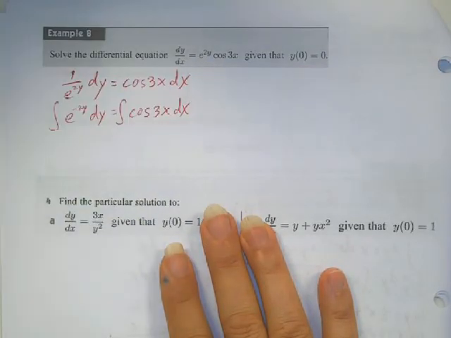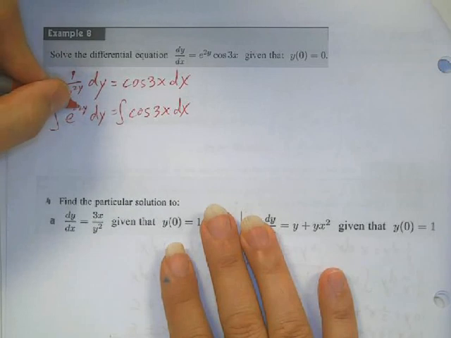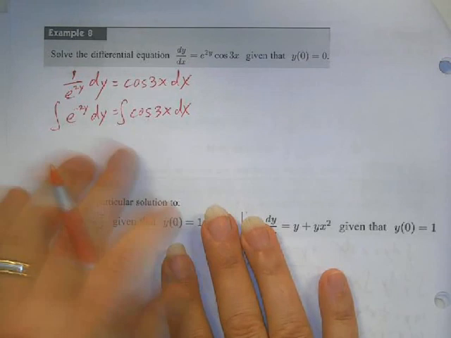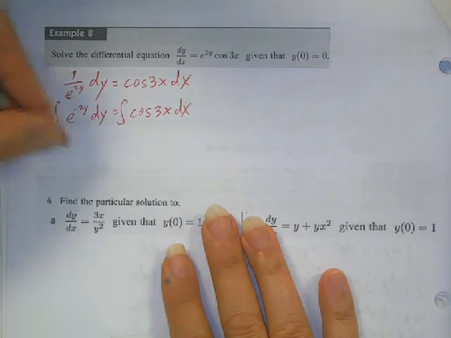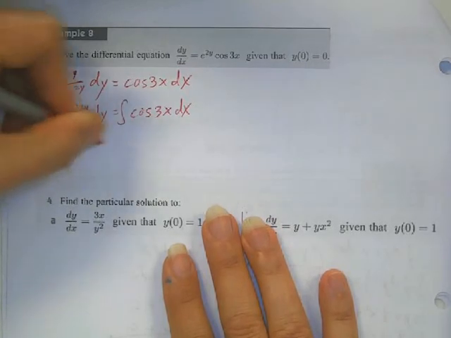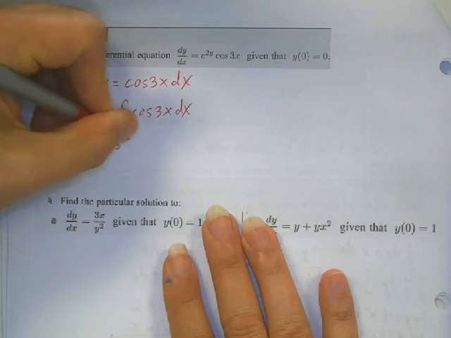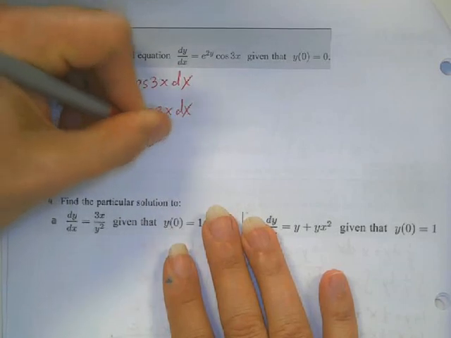Okay. That's a 2. So now the antiderivative of this is negative 1/2 e to the negative 2y equals, and the antiderivative of this is 1/3 sine 3x, and then we have the plus c.